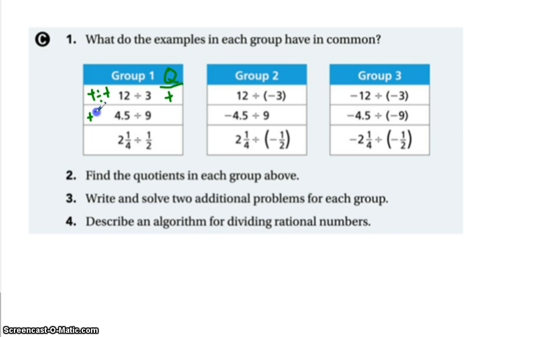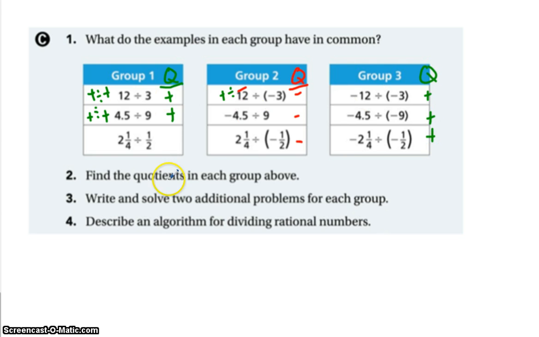So positive divided by positive equals a positive. Over here we have a positive number divided by a negative number, and we are going to wind up with negative quotients. So our quotient over here is always going to be a negative number. And then in group 3, we've got a negative divided by another negative, and our quotient will be positive.